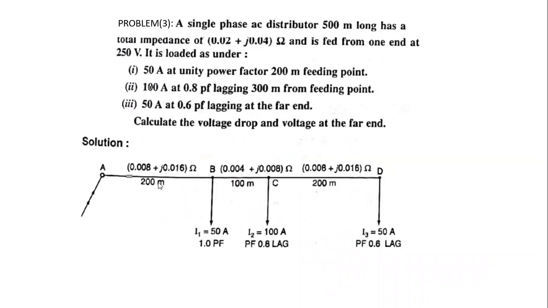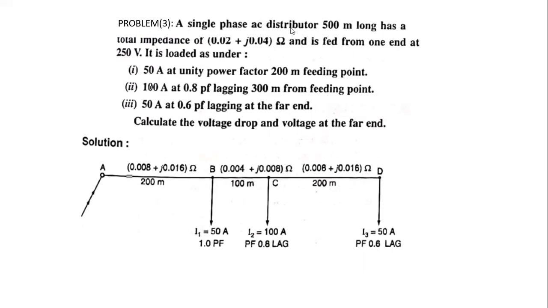The distance from the feeding point is 200 meters. Next, 100 amperes at 0.8 power factor lagging. This is the I2 current, 100 amperes at 0.8 lagging, 300 meters from the feeding point.